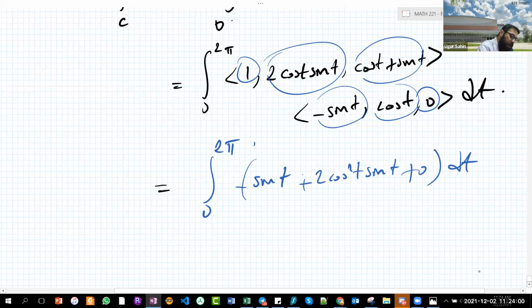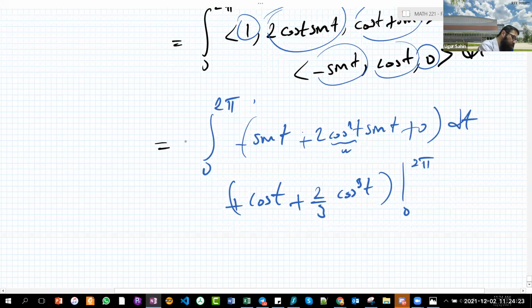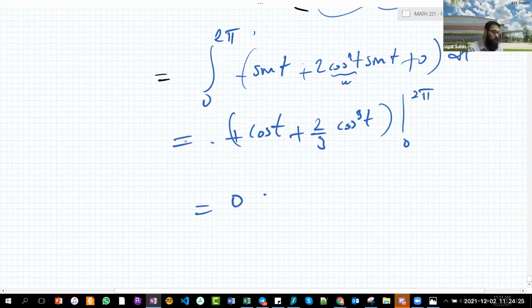This integral is going to be easy to calculate, negative cosine t, and then say u, okay? If you say u squared du, that's going to be u cubed, which is 2/3 cosine cubed t, and then 0 to pi. If you calculate this, guys, it's going to be 0. That's going to give you 0.